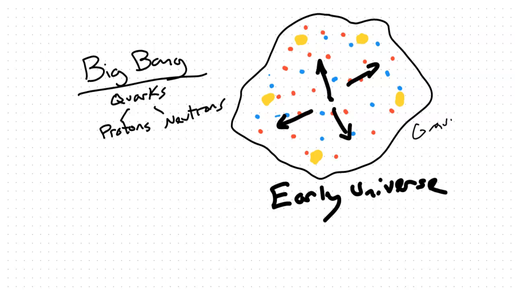Gravity takes all of this energy, or these protons and neutrons and such, and starts to make stars. And then we have that whole star life cycle starting.